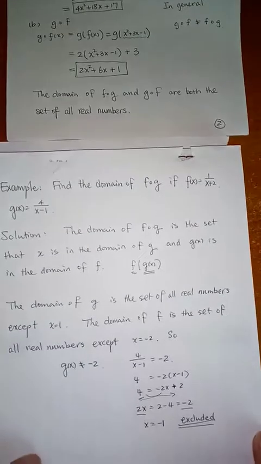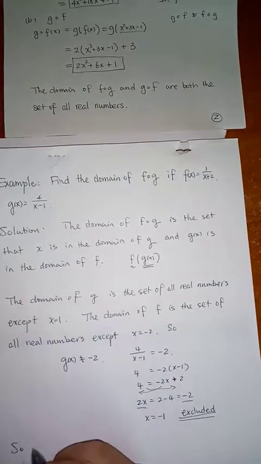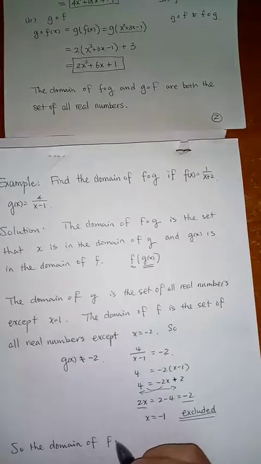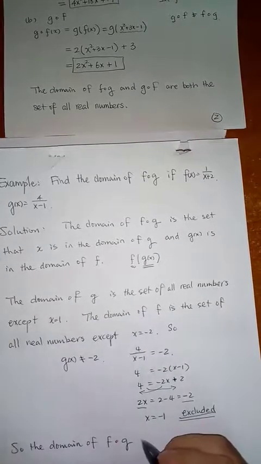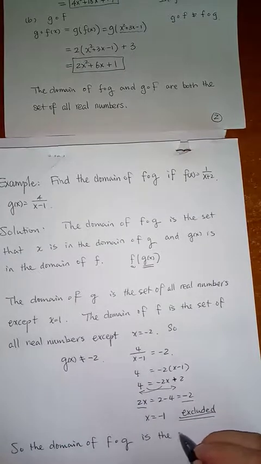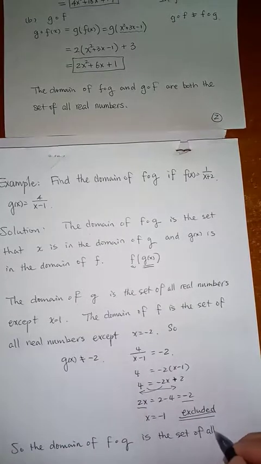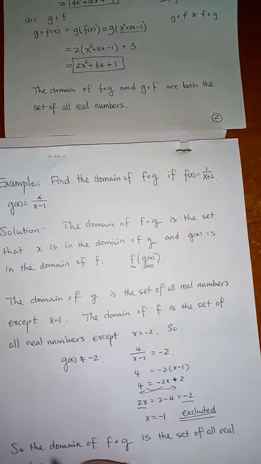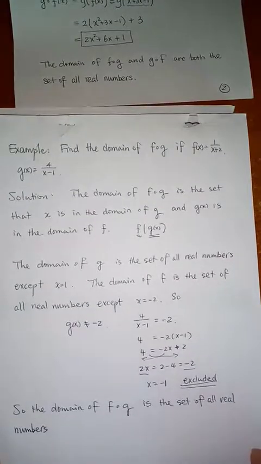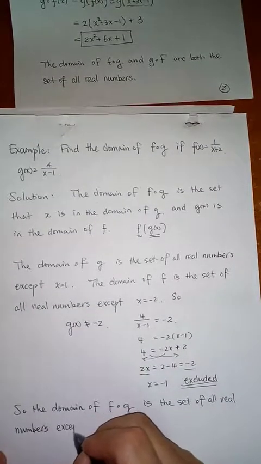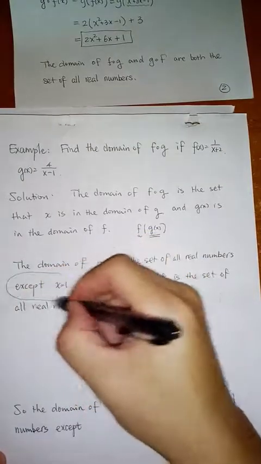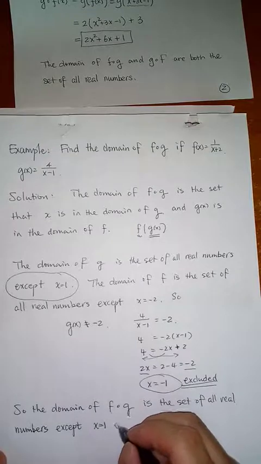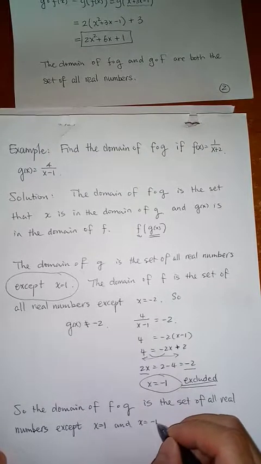So what is the domain of f composed with g? The domain of f composed with g is the set of all real numbers except, first, we except x equal to 1, and second, we except x equal to -1.